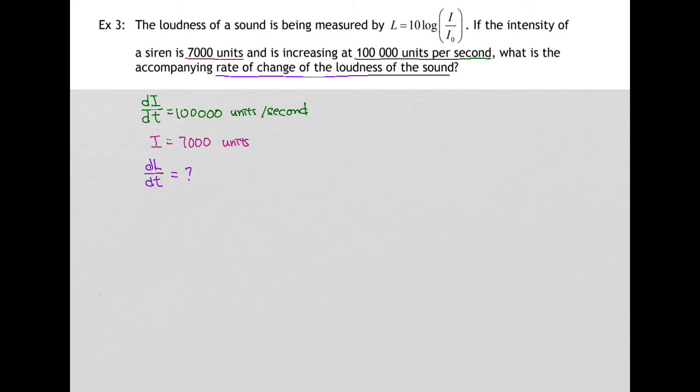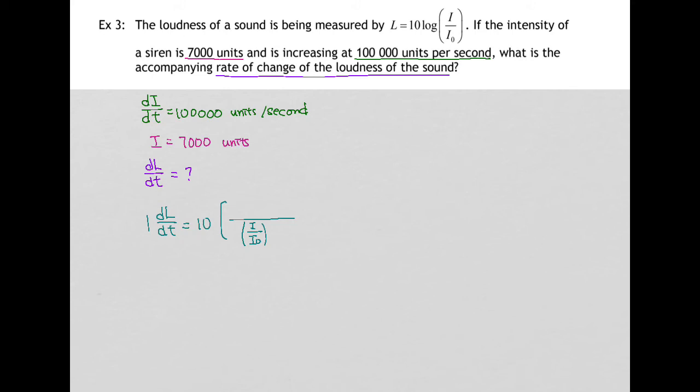So now let's differentiate this function with respect to t. Differentiating L gives dL over dt equals 10, which is a coefficient. Now there's a log, so you put the entire function in the denominator, which is I over I naught. And the differentiation of this function will go on the numerator.